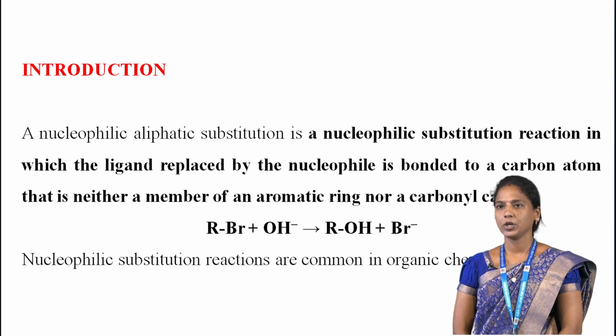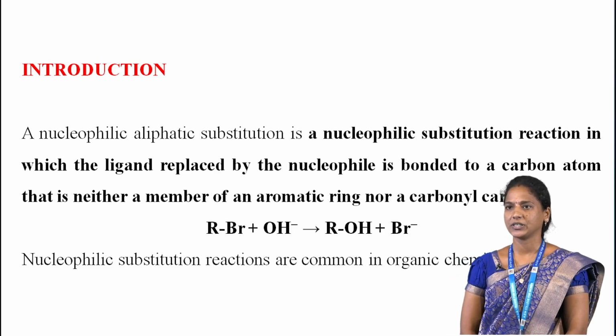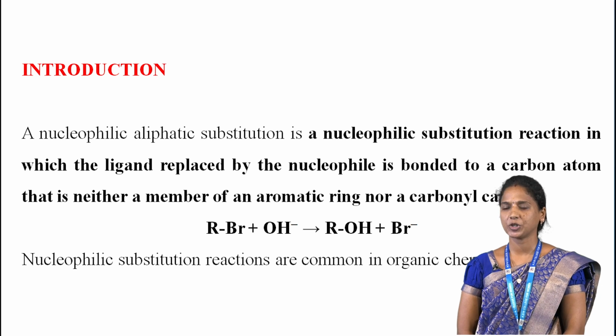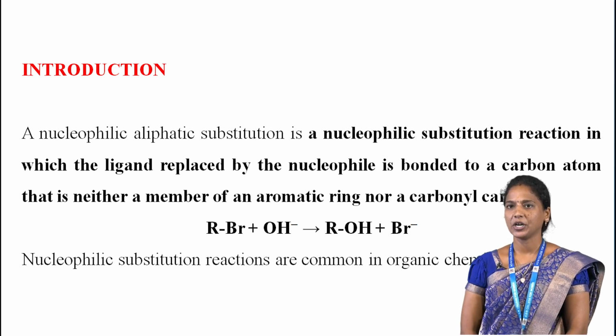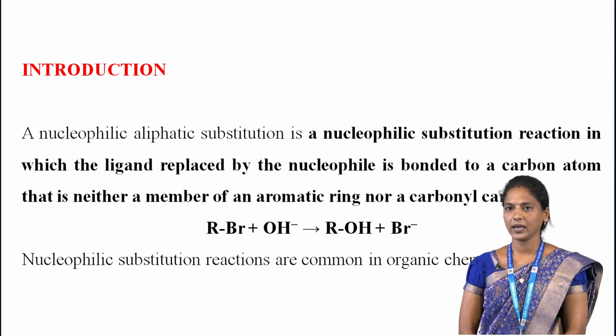Introduction. A nucleophilic aliphatic substitution is a nucleophilic substitution reaction in which the ligand replaced by the nucleophile is bonded to a carbon atom that is neither a member of an aromatic ring nor a carbonyl carbon.